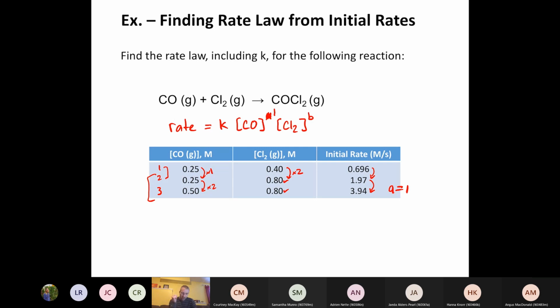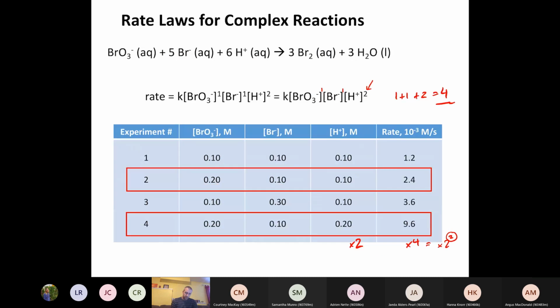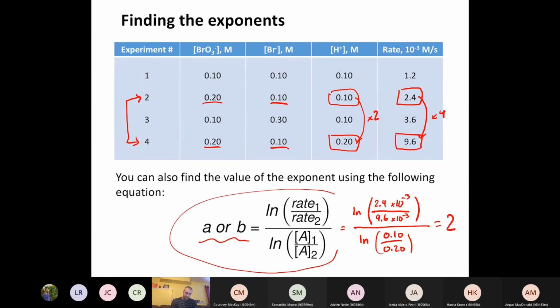That's not a doubling, and it's not a quadrupling either. So this is maybe a case where it's not so straightforward, and we want to use that equation. Okay, so remember, our equation just on the previous slide is this to determine the exponent.